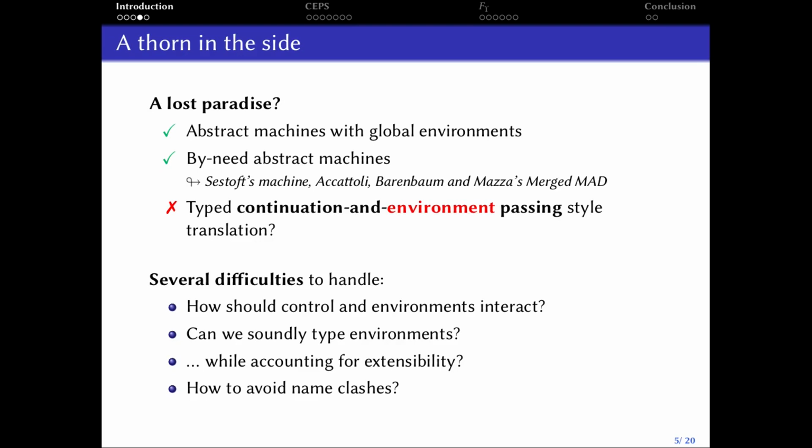But what wasn't known when we started this was how to soundly type environments, and in particular how to type them along the translation, while accounting for extensibility, because environments may grow along computations, and we need a type system which is going to account for that, and also a technique to avoid name clashes, which is especially tricky during the translation.